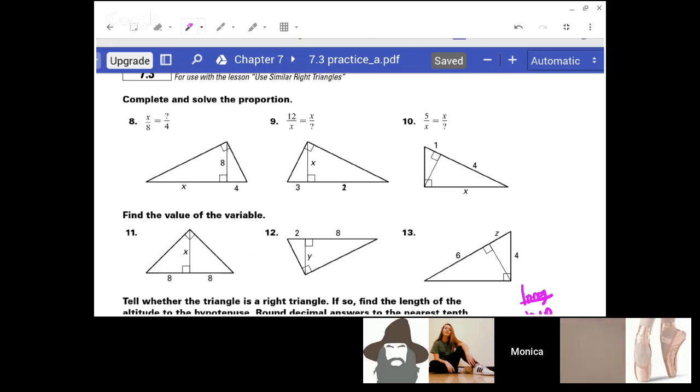So if we look at number 8, we've got 1 triangle, 2 triangles, 3 triangles, right? If this top one is our big triangle, we don't know either of the legs, because looking at our big triangle, here's the long leg and the short leg. But we do know the hypotenuse is broken up into x plus 4, right?